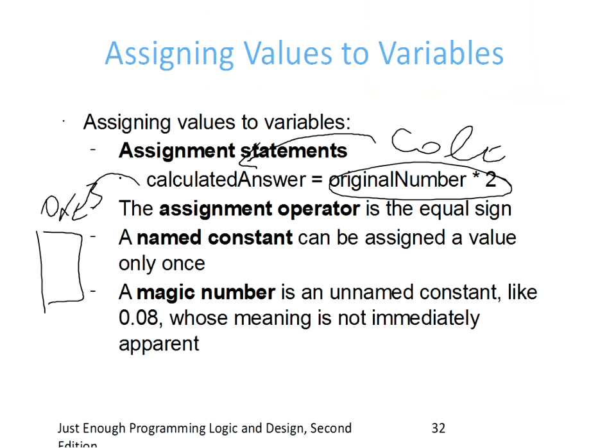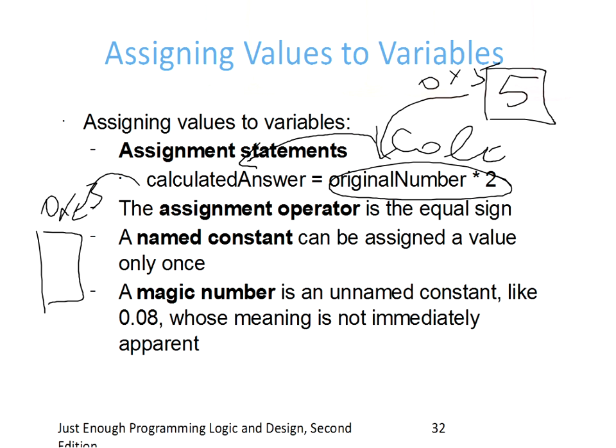So that means we're going to have original number. Original number is also pointing to a memory area, a different memory address, let's say 0x5, and that has a value stored in it, 5. So when we do the calculation, how do we do it?